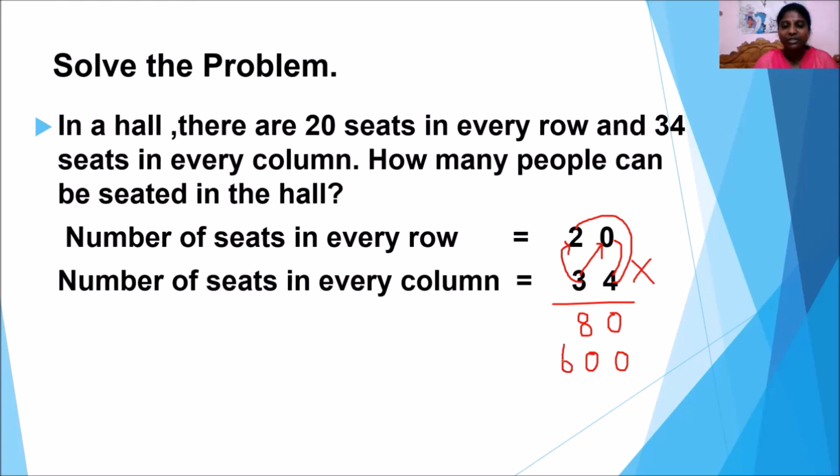Once your multiplication is over, start adding the numbers. 0 plus 0 is 0. 8 plus 0 is 8. In the hundreds place, we don't have any number. It should be considered as 0. 0 plus 6 is 6. Finally, we find out that 680 people can be seated in the hall.